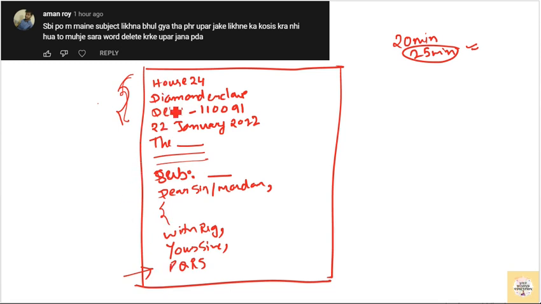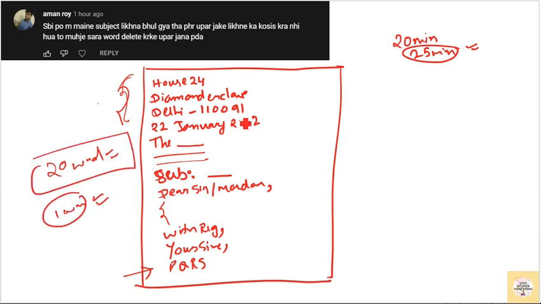This is around 20 words, which can be completed within 1 minute, so that will be a good thing for you. This is what I usually do: at the end of the GA section, I write all these things, then start typing during the descriptive, and I just copy from the paper.